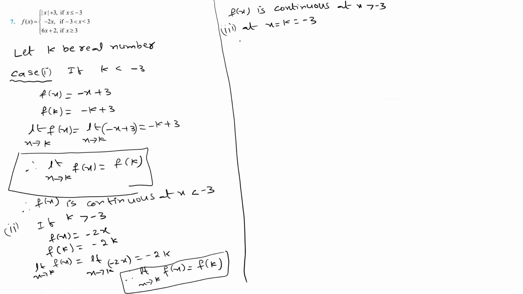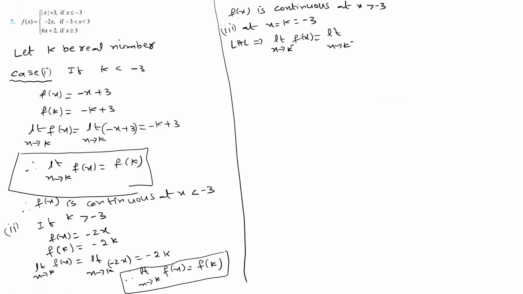So the left hand limit is the limit as x tends to k minus of f of x. The k minus means minus 3 minus, and this is modulus x plus 3.